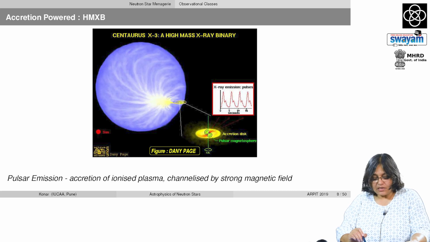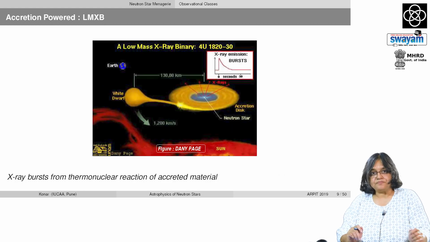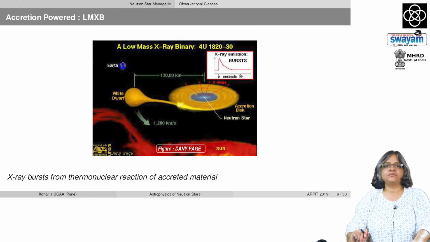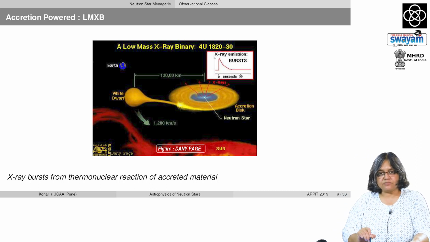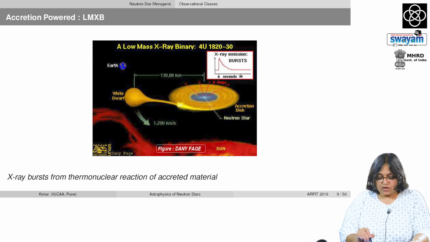What we see in the emission is accretion of ionized plasma channelized by strong magnetic field, and we have these regular pulses similar to the pulses that we have seen in the case of radio pulsars, but these are in X-rays.